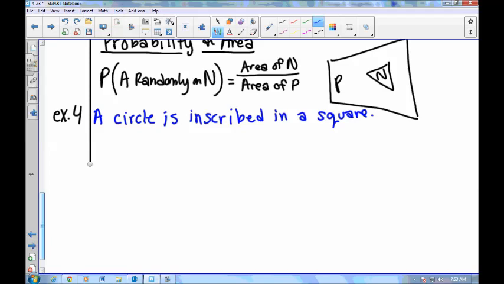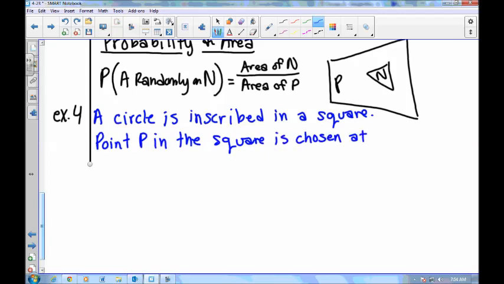Inside the shape. Okay, a circle is inscribed in a square. Point P in the square is chosen at random. I hope you've noticed that the key common word in all of these has been random. Randomly placed.